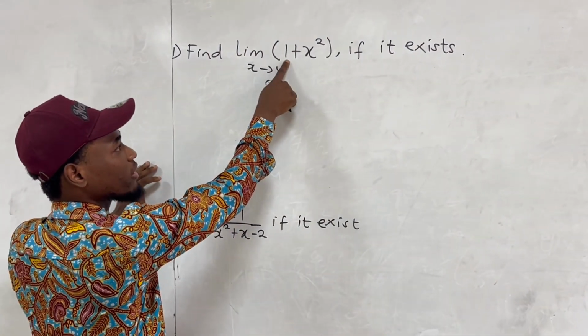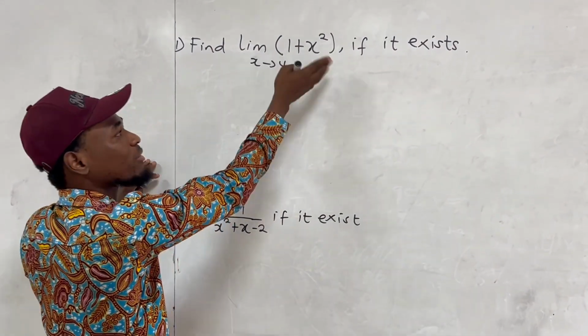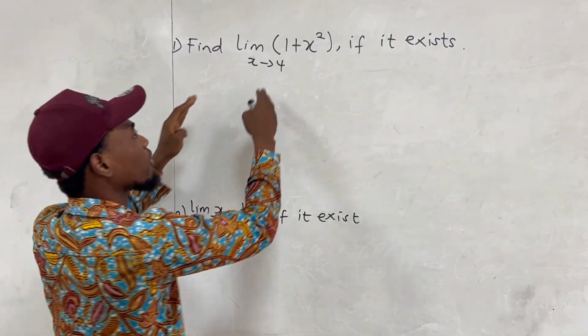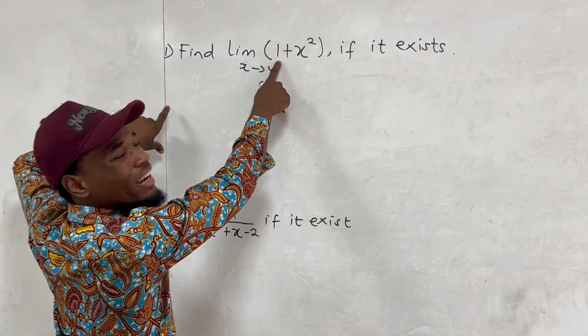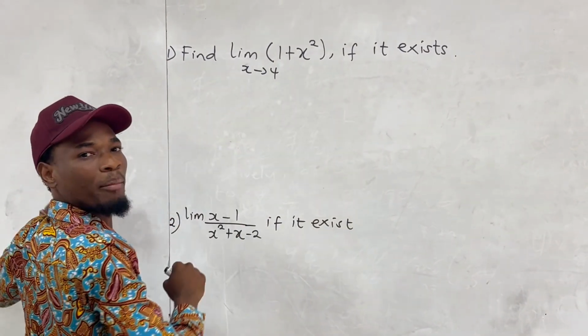I have 1 plus x squared, so I'll spread the limit such that it affects every term inside the parentheses.